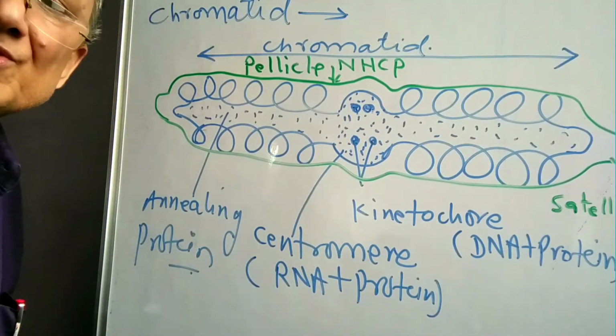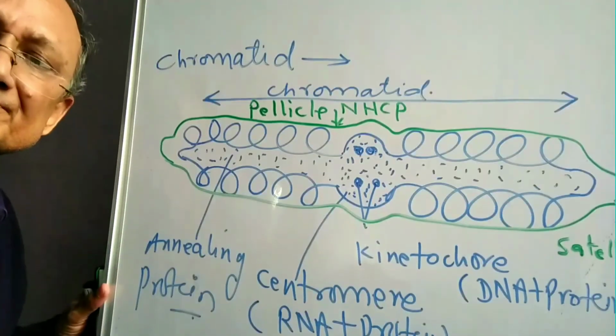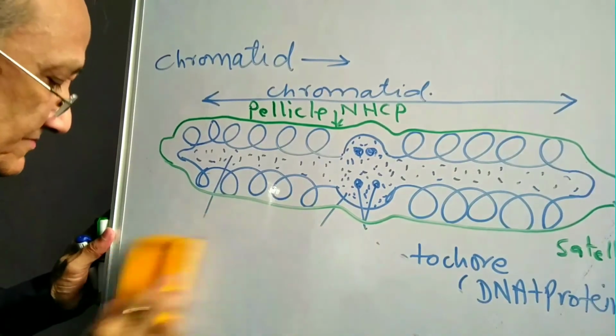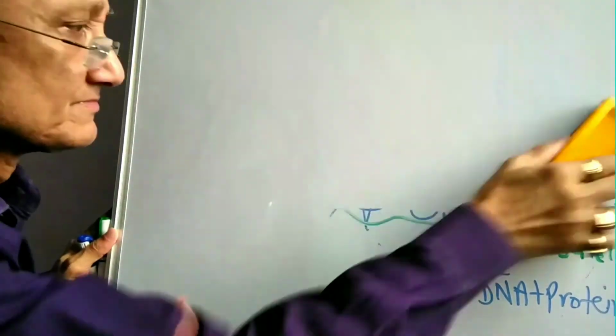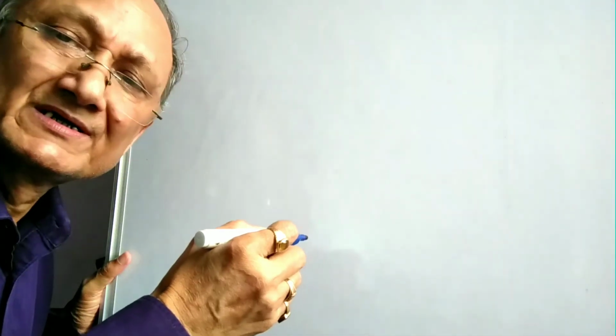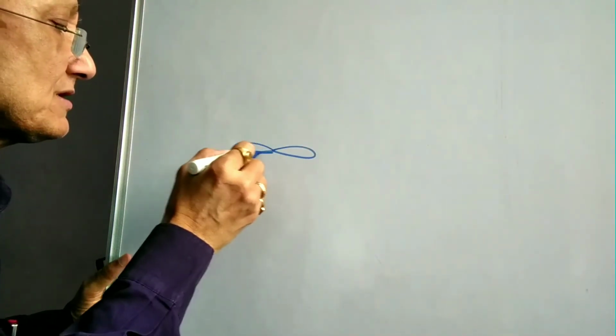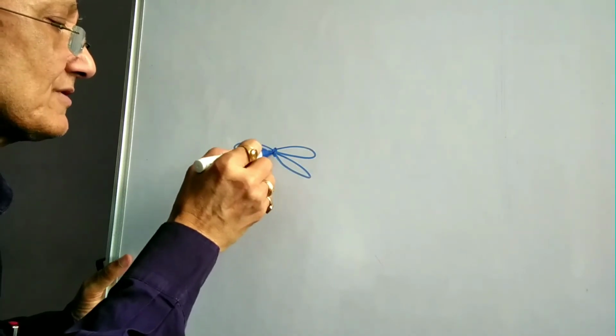Now come to know about how a chromosome looks. So a chromosome looks like, you have generally seen in books, even NCERT, 1, 2, 3, 4.